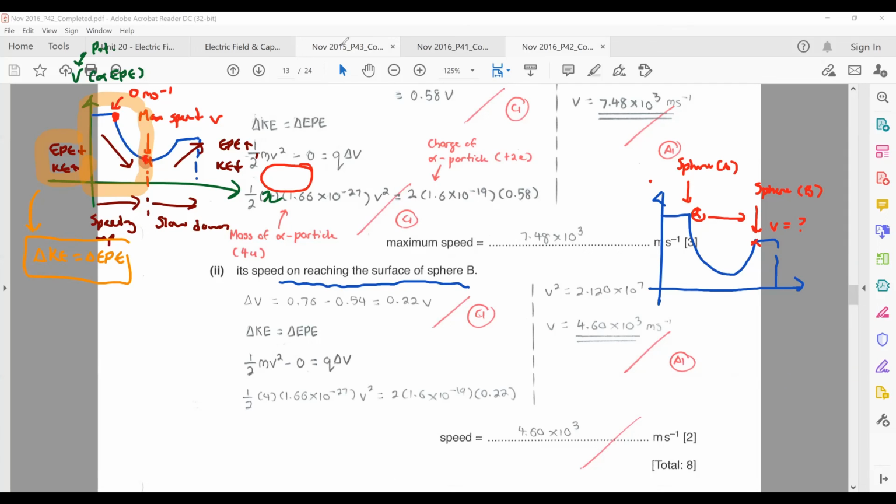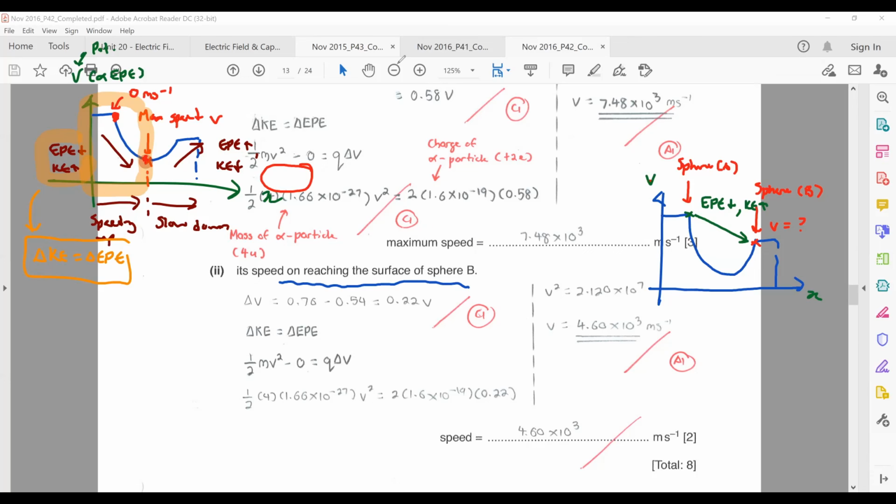Now, in your case here, you actually have two ways of going about this. You can consider just the energy change from here to here. This one is your V versus F. This one here is your EPE dropping. Your KE is increasing.